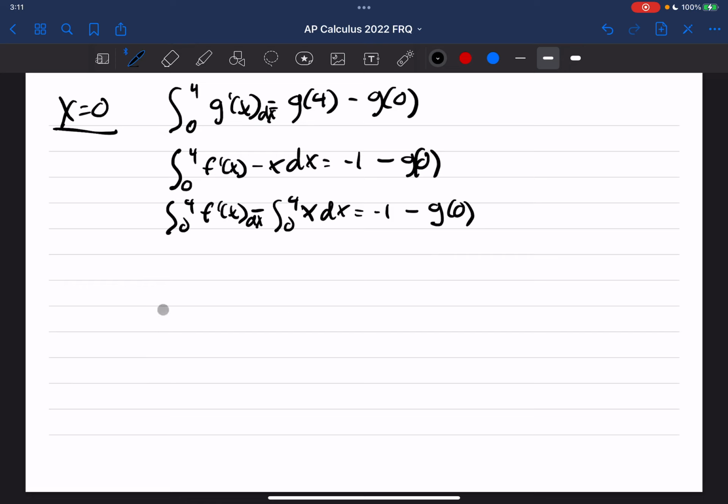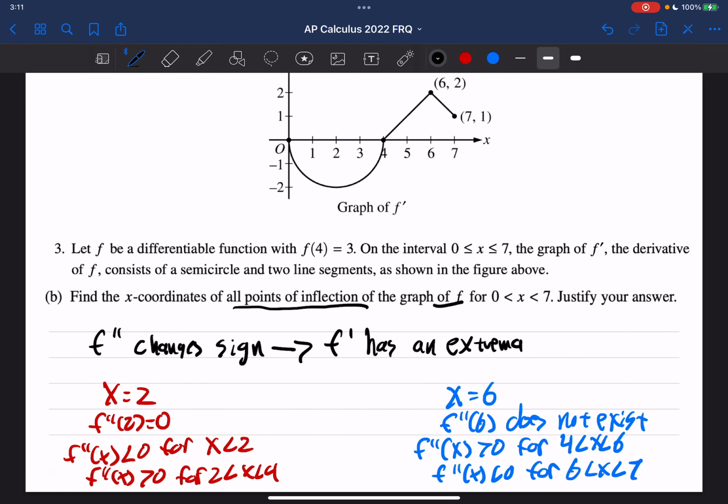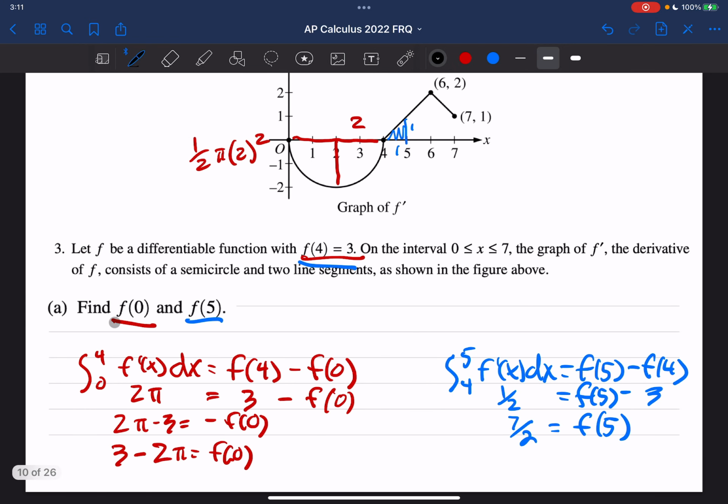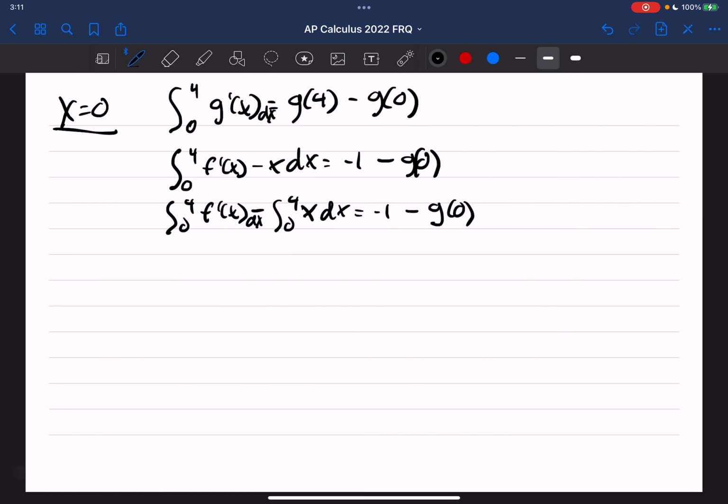Now the integral from 0 to 4 of f prime of x, well, we found that. Where did we find that? I think we found that back in part 1. Yeah, that integral is 2 pi. So 2 pi minus, now the integral from 0 to 4 of x dx is 1/2 x squared from 0 to 4.